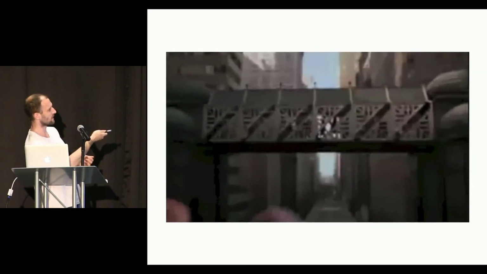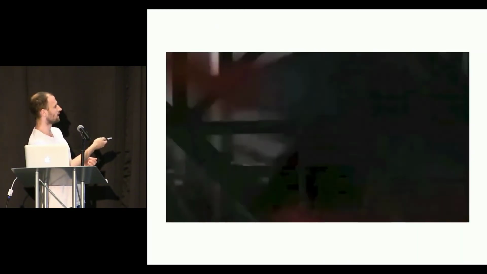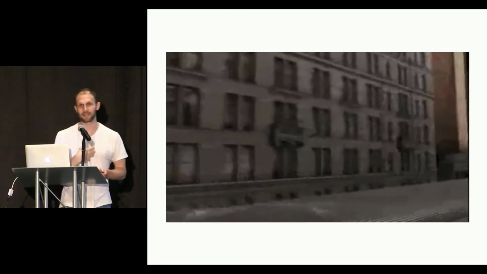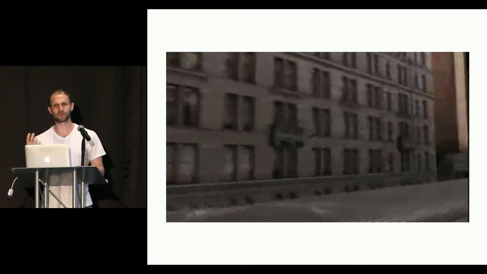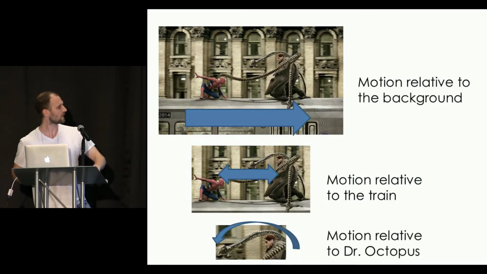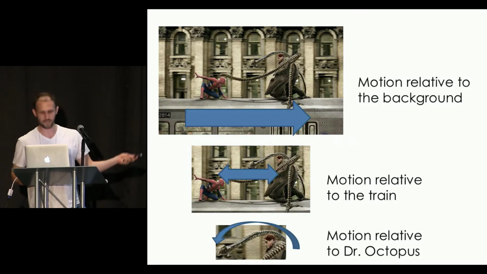And if you look at just Dr. Octopus, you can see the motion of his tentacles relative to his body. Right? So there's a lot of internal kind of hierarchically organized structure in this scene. And this is schematizing it here. And the question here is, how does our brain actually accomplish this parsing? Right? That's the non-trivial question.